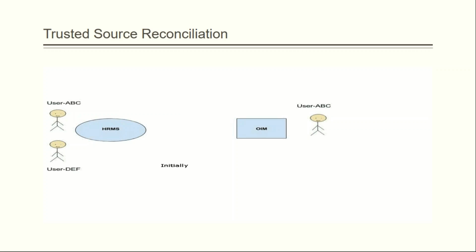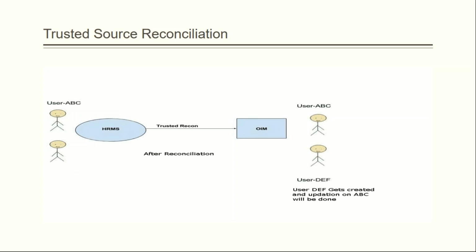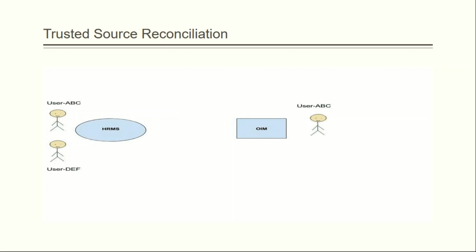Now, when I run the trusted source reconciliation between the HRMS system and OIM, what is OIM going to do? OIM is going to update the existing entry, user ABC, if any update was done in the HRMS system. Along with that, OIM is going to create the new user DEF inside OIM itself.